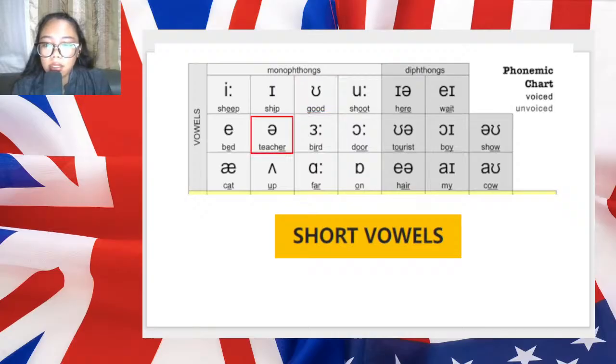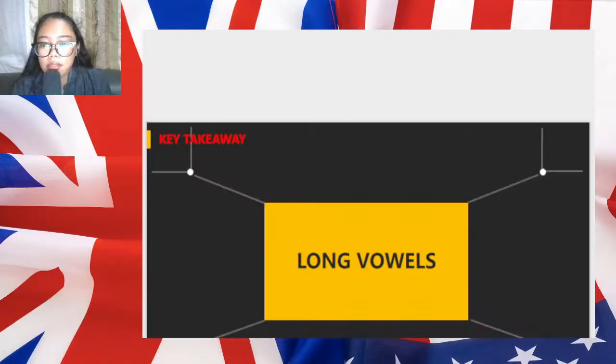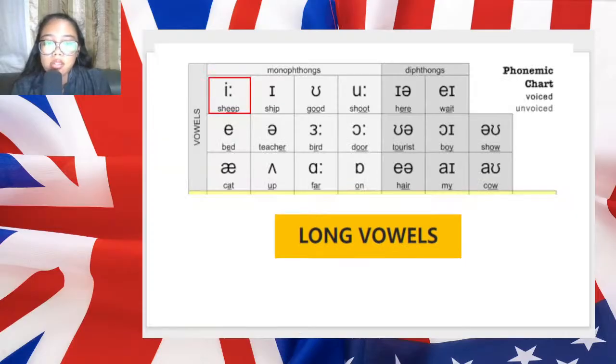Good. E, teacher. For the long vowels, E, sheep. Shoot. Bird. Door. Far. That's the last long vowel sound.